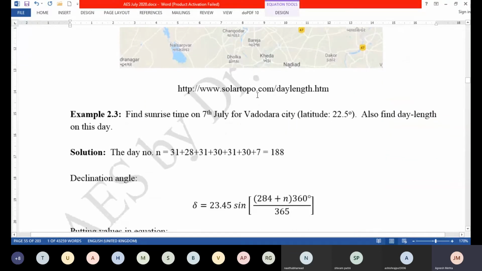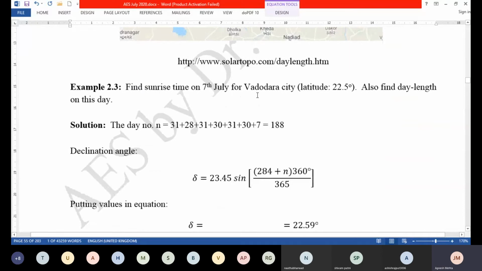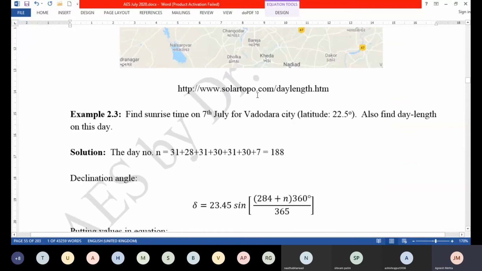Okay, so one example is shown here. I hope you are with your pen, paper and calculator. This is of course not a very complicated or difficult example, so you can quickly do the required calculations. If you are talking about 7th of July, then for Vadodara city, whose latitude is 22.5 degrees, what is the day length on that day?